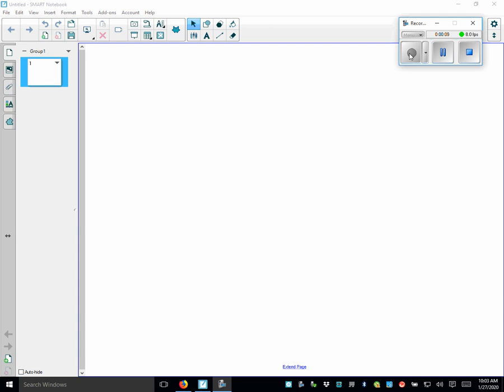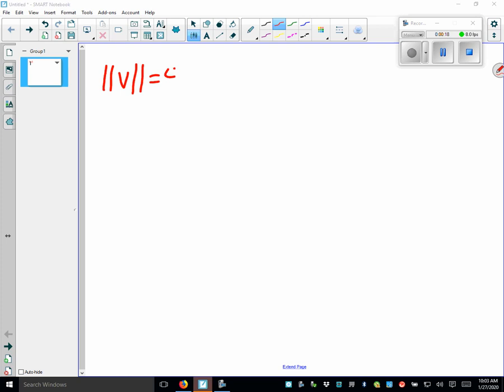If vector V is 42 and it has a direction of 17 degrees, find the x and y components.